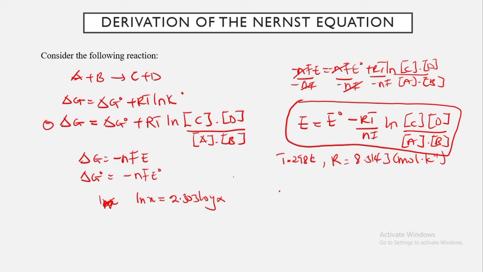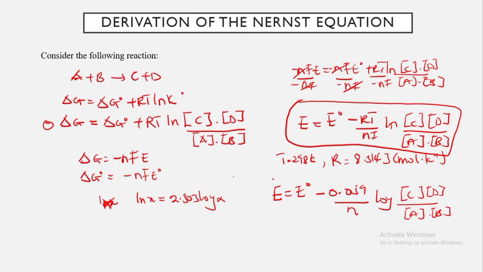So when you do the substitution, at the end, we're going to get that our E is equal to E naught minus 0.059 divided by N log of C D all over A B. So this is at standard condition.